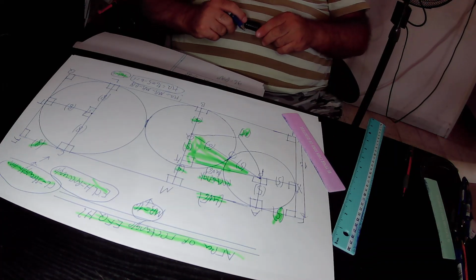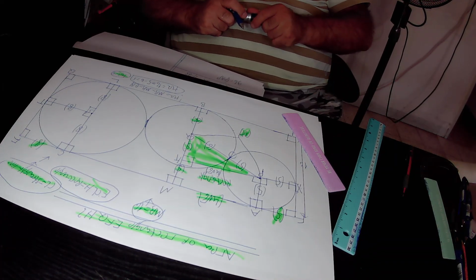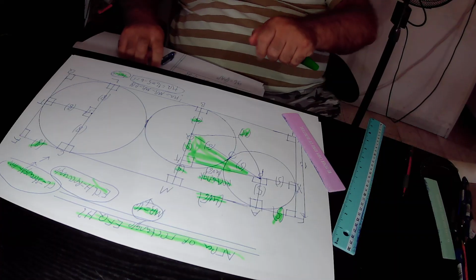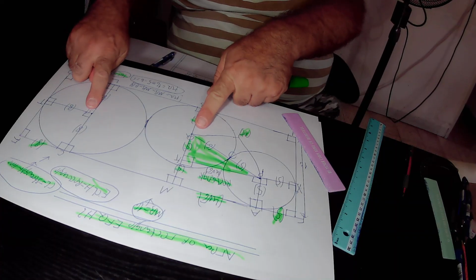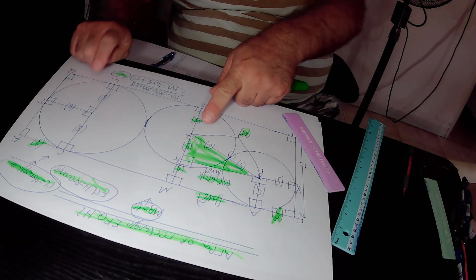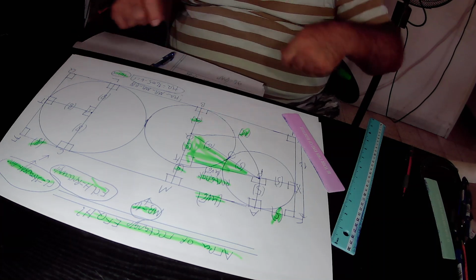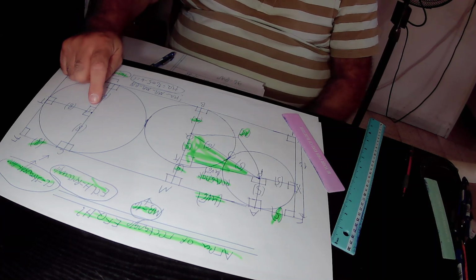In the next step, we will join points Q and S together by a straight line. Point Q is the center of this medium circle, point S is the center of this big circle.